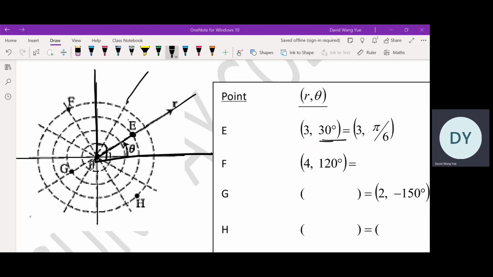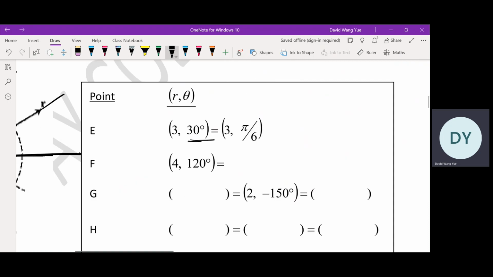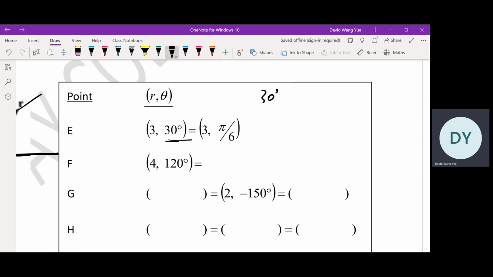That's why it is 30 degrees each. 90 divided by 3, 30 degrees each. So for this point E, the radius is 3, the angle is 30 degrees. Now, if I want to change to radians, 30 degrees multiplied by pi over 180, 180 divided by 30 is 6. So that's why it's 3, pi over 6.